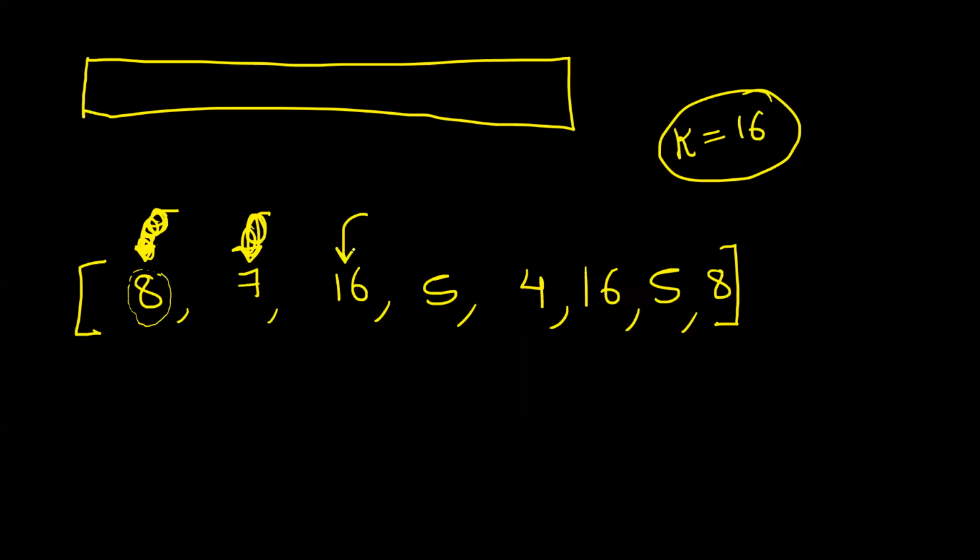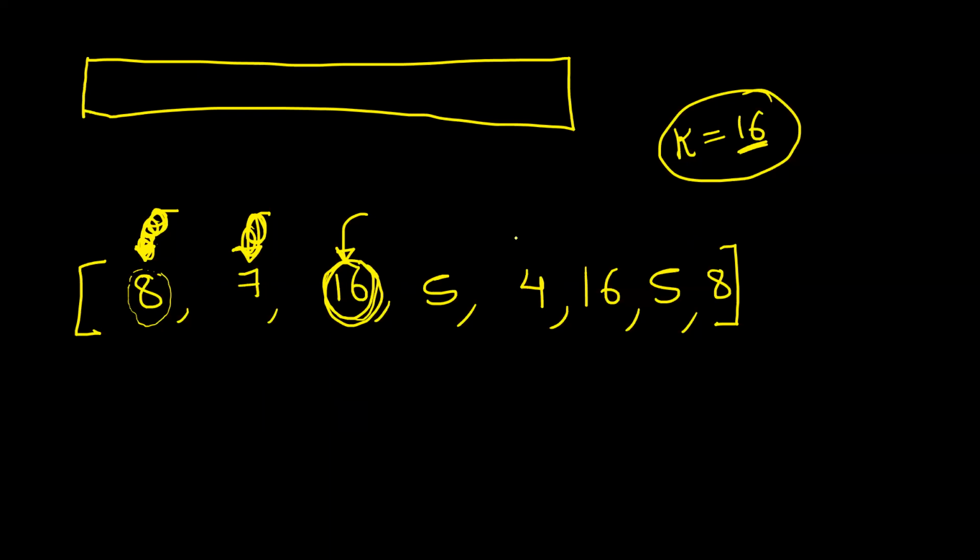I go to index number 2. Now guys, try to understand. When you come to index number 2, you see that the element at index number 2 is 16, which is equal to k. That means the element that you were searching for, 16, you have found here. Now tell me guys, do you need to search any further in this array?